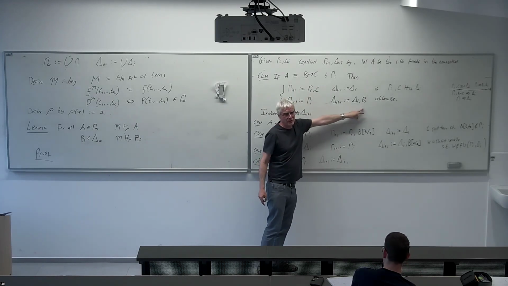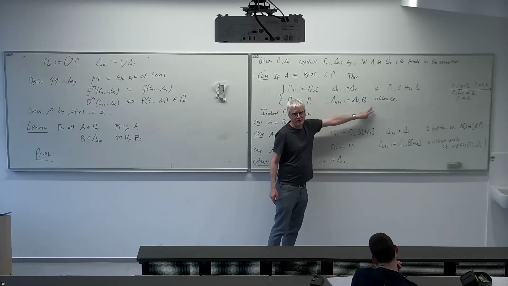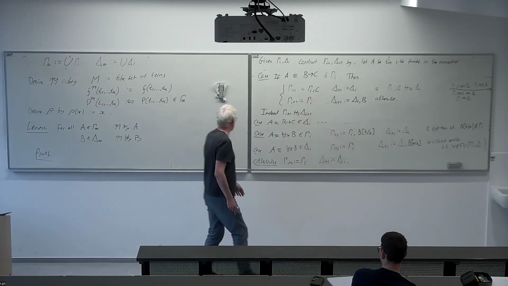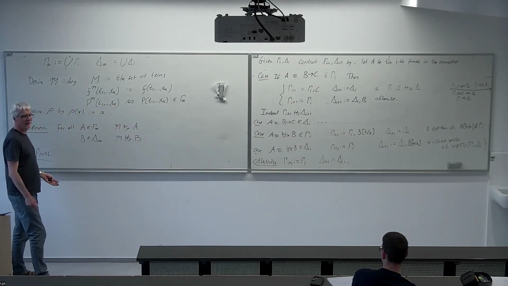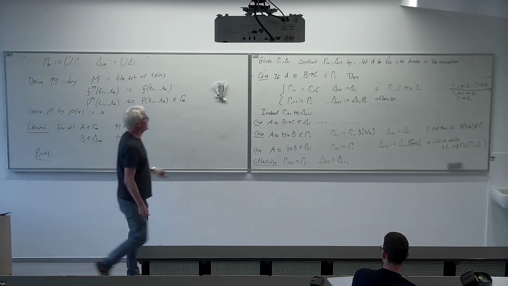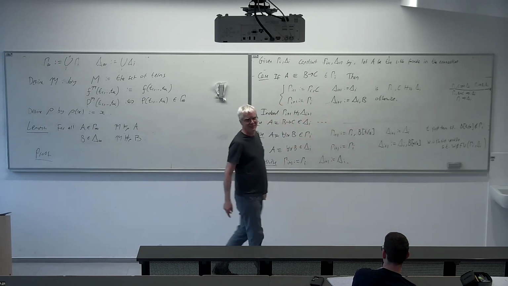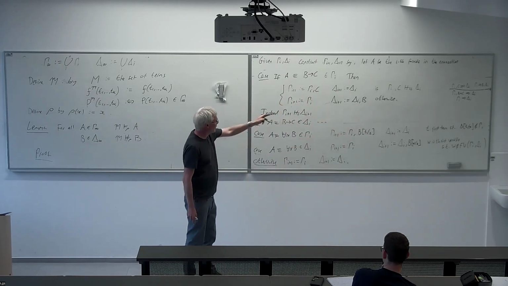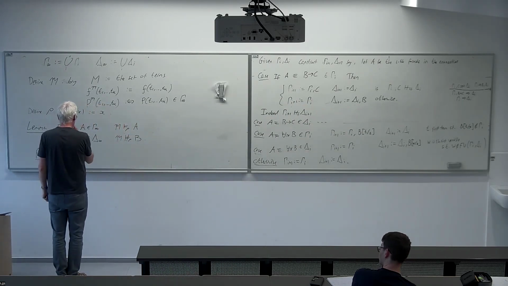By induction hypothesis on the structure, C is true or B is false, and that's exactly what we need to get that B implies C is true. Hang on, something's wrong. Sorry, C was on the left-hand side. C is true and B is false. That's a bit better. So C is true or B is false, which is exactly what we need to get that B implies C is true.